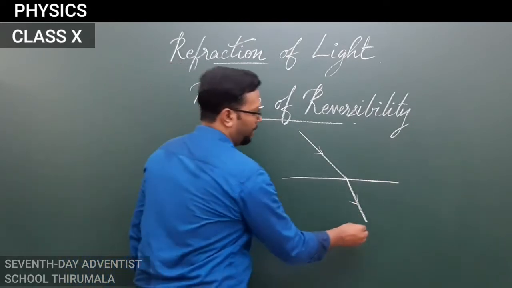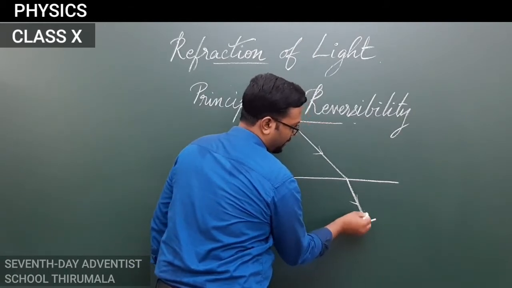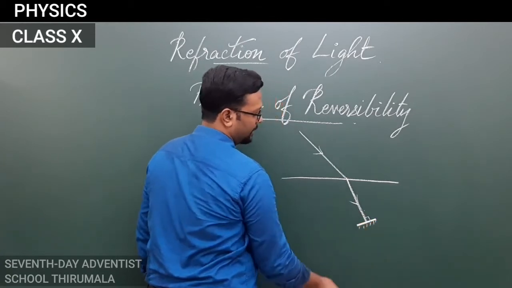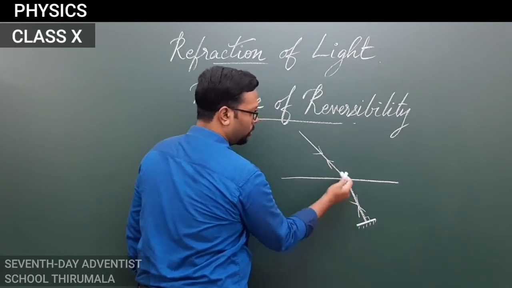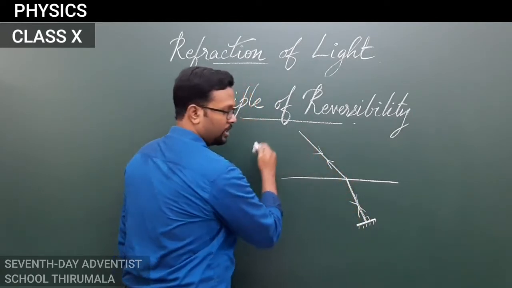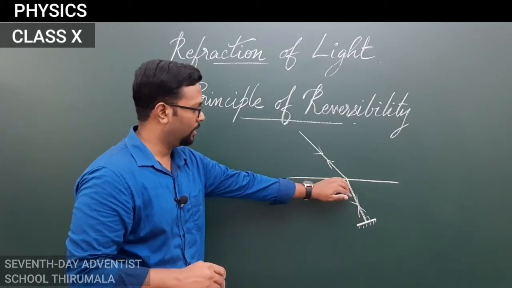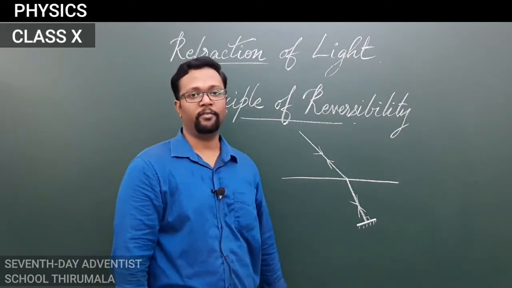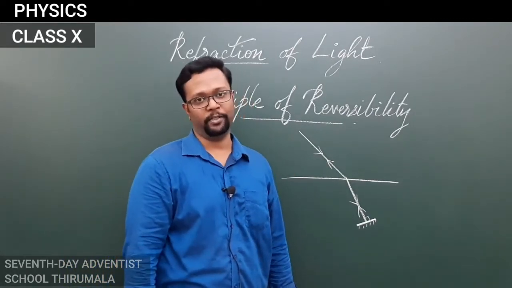So if we place a mirror perpendicularly to the coming light ray, the light ray will retrace its original path and go back in the same direction, taking the same path. This is called the reversibility of light ray. And why is this principle very important?